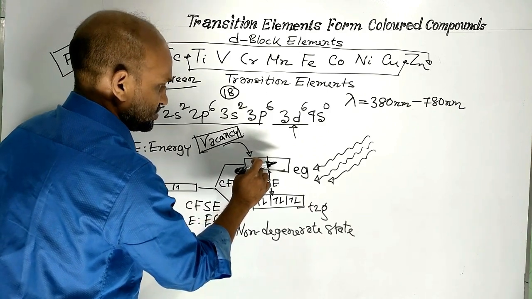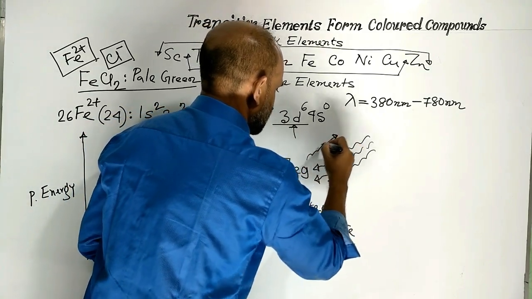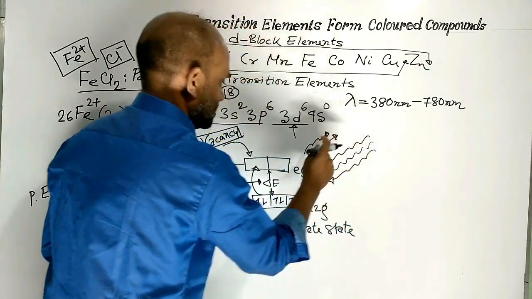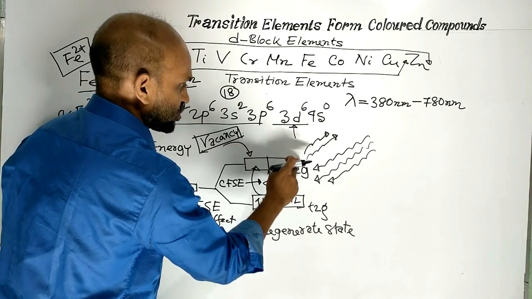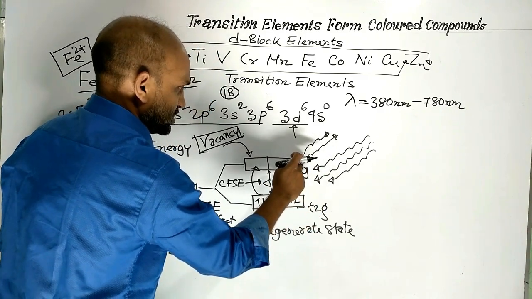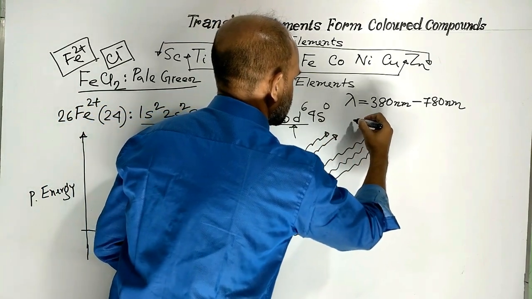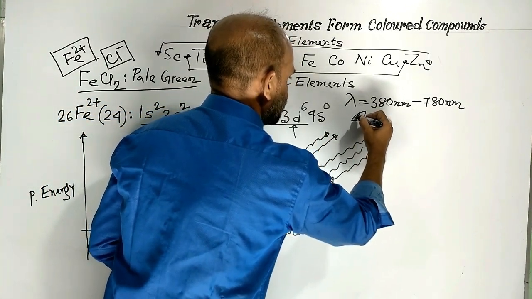At the same time, this ion reflects the remaining radiations from the visible light region. The remaining radiations go back to the eyes.